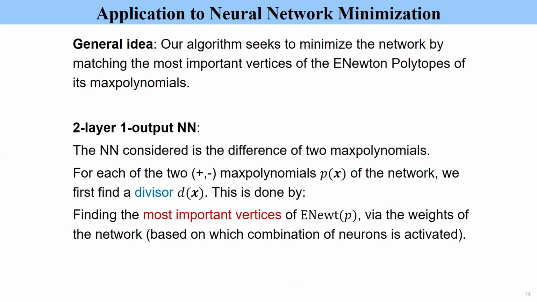For each one of them, we find a divisor by finding the most important vertices of the Newton polytope, via how frequently this node is visited and the weights of the network.